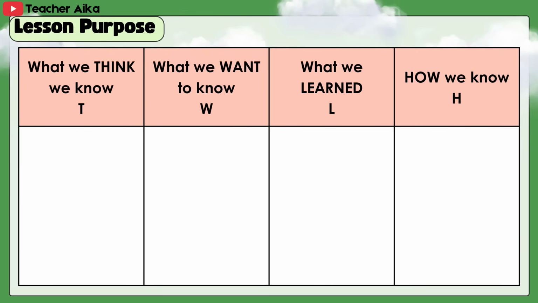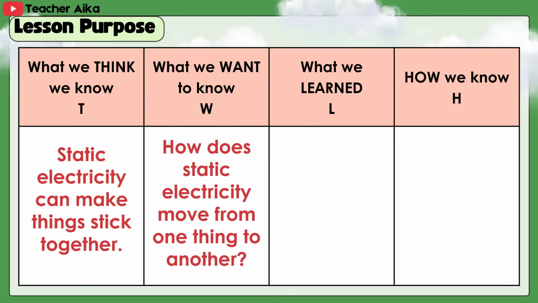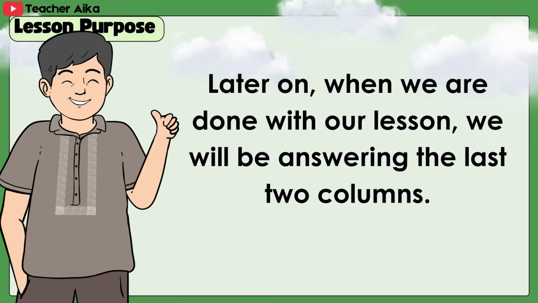What we think we know? Static electricity can make things stick together. What we want to know? How does static electricity move from one thing to another? Later on, when we are done with our lesson, we will be answering the last two columns.